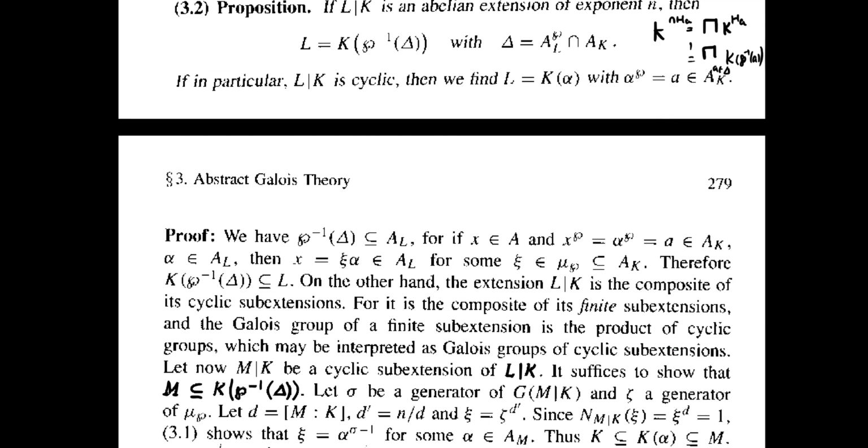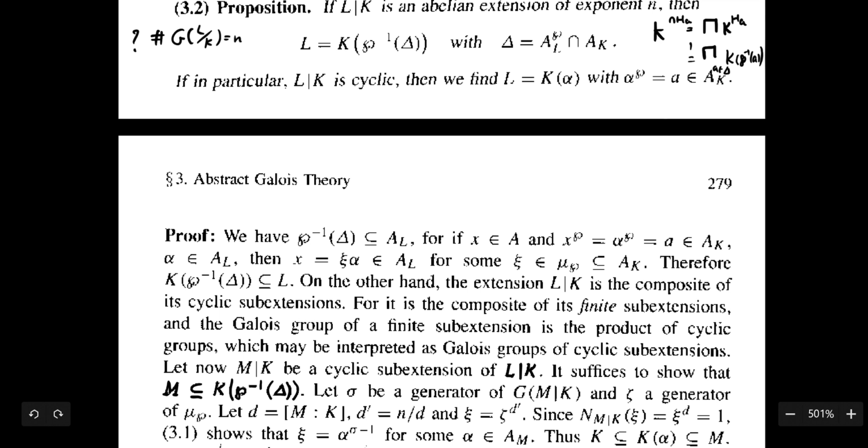Let's go through this proof, because for me this definition of the p-adic extension of exponent n is not very clear. I suspect it just means that this group has cardinality n.